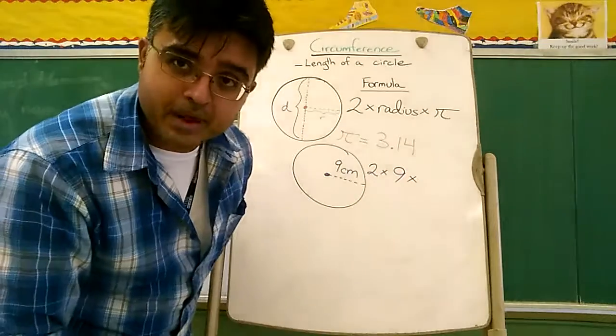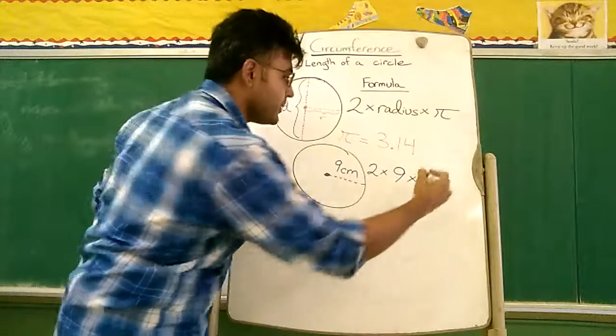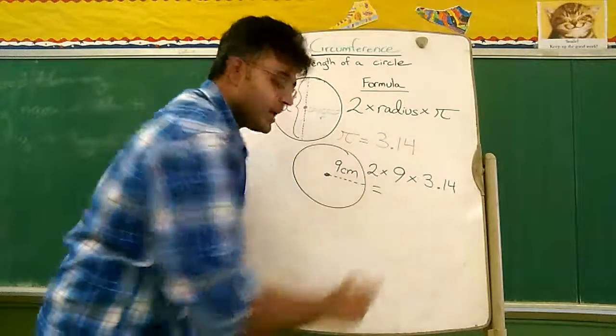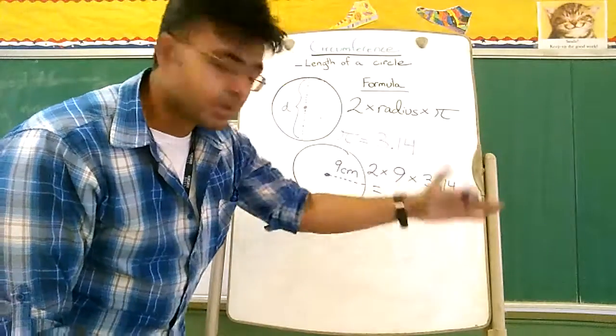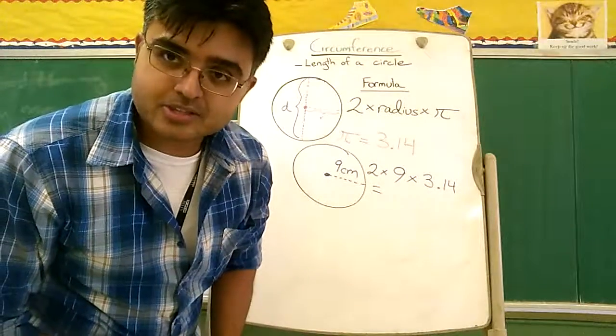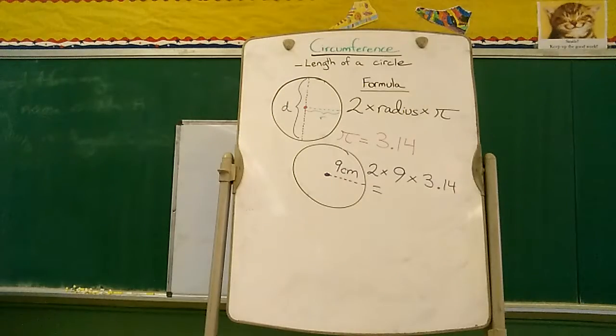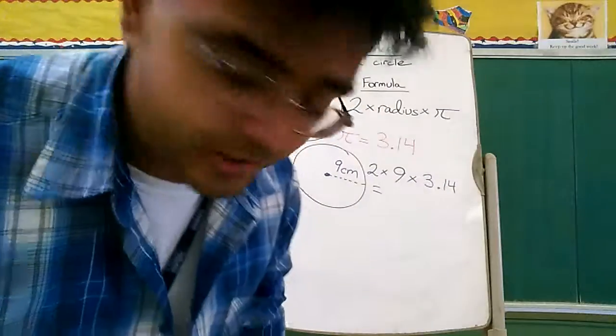Times, and what's pi equal to? 3.14. We just have to multiply this out and we will get the answer. I'm going to use a calculator just to save some time. I'll be right back. I'm back with a calculator.